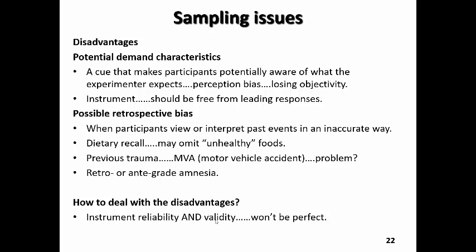It's also very important that researchers understand that reliability and validity of those methods and those instruments will not be perfect, but it should be of a sufficiently high level that it would provide confidence in being used in further studies and confidence that the information gathered from those methods are valid. So this ends this lecture on sampling issues.